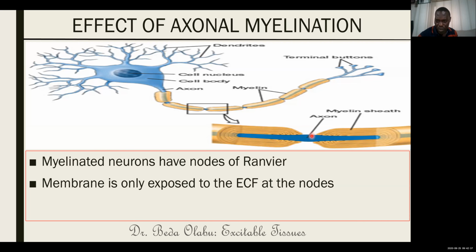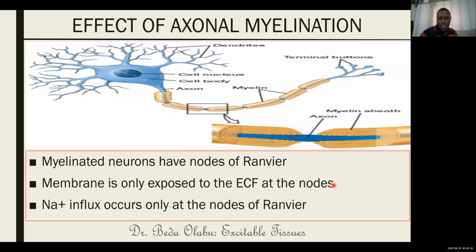But here, we'll have sodium rush at that point because there is sodium here. And so we'll have a sodium influx at that point. So what does that mean? It means that in myelinated neurons, sodium influx can only occur at the nodes of Ranvier.